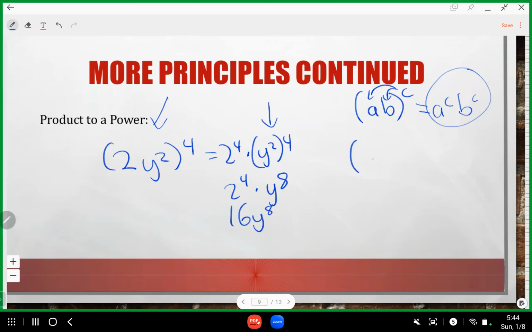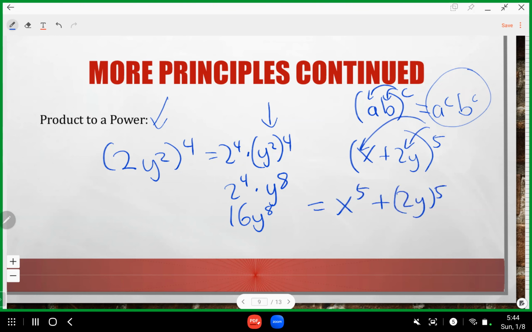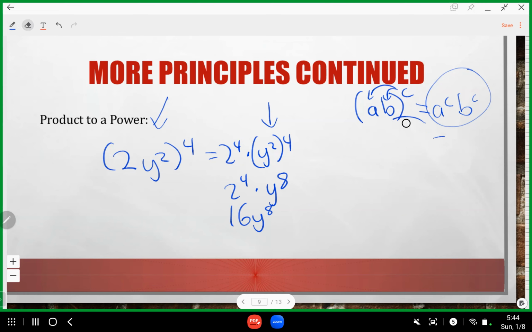So what about (x plus 2y) to the 5th? All right, how do we solve this? What we're going to do is we're going to, again, distribute the exponents, right? x to the 5th plus 2y to the 5th. Can you do this? No, you cannot do this. Why? Because it has to be a product inside.